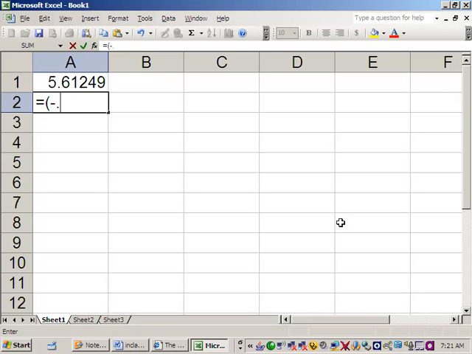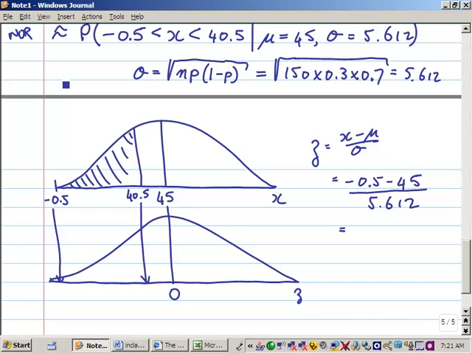So that'll be minus 0.5 minus 45 divided by the standard deviation, which gives minus 8.11. And as I said, usually we have one limit that's a long way away. The 8.11, if you remember, is off the chart of the normal distribution.